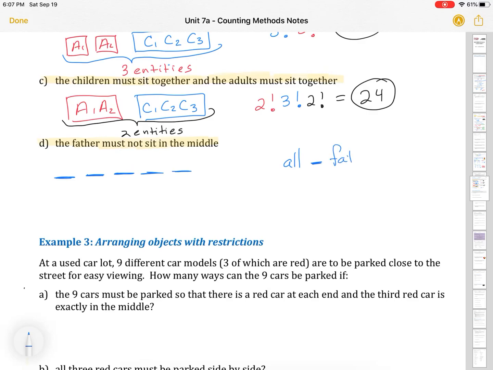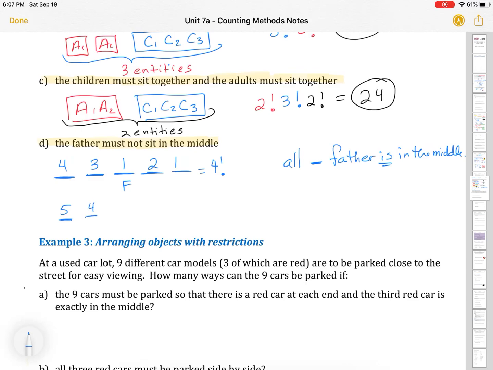So it's going to be all of our choices, so that anybody's sitting anywhere, and we subtract the father is in the middle. Okay, so this would be with the father in the middle. I have 4 choices there, 3 here, only 1 there, 2 there, and 1 there. Okay, just using my factorials.